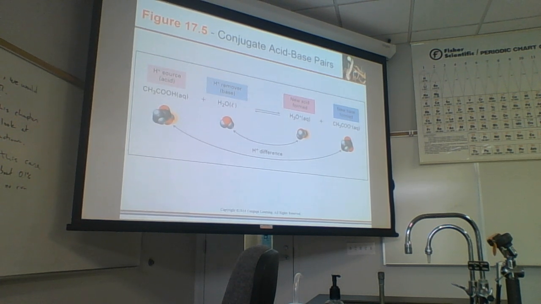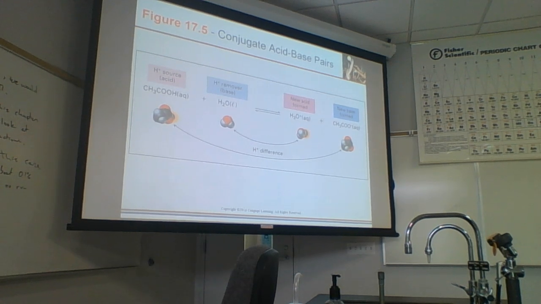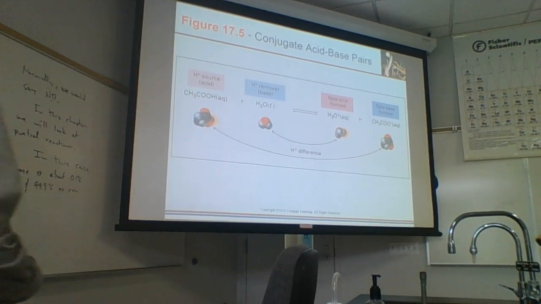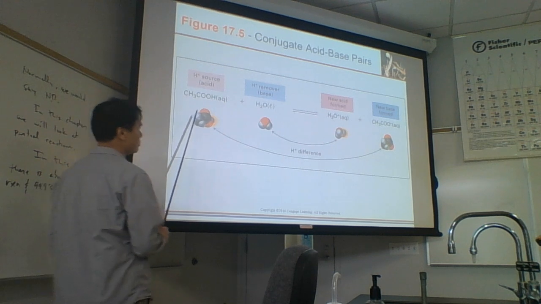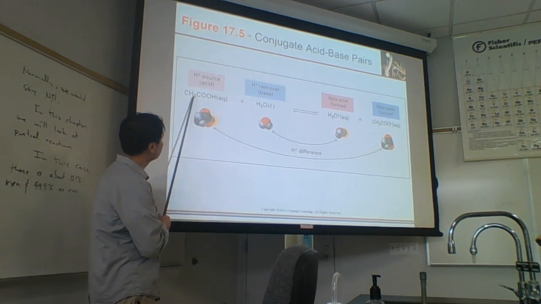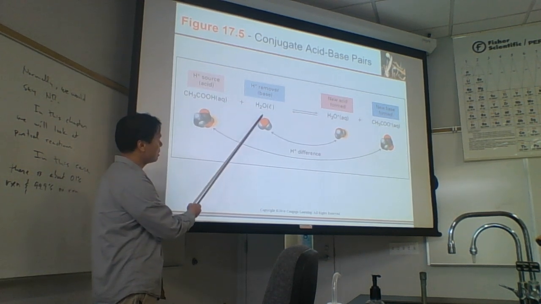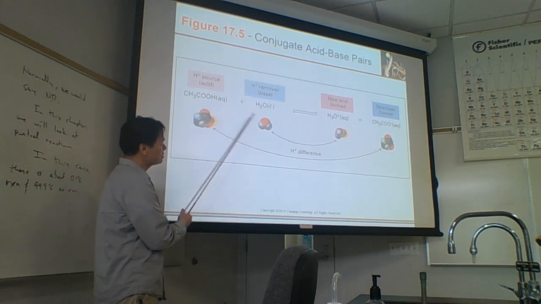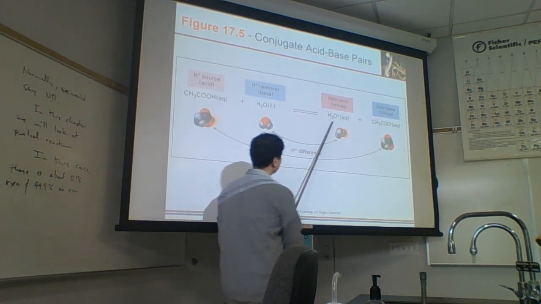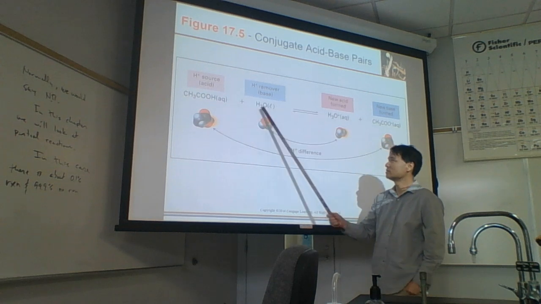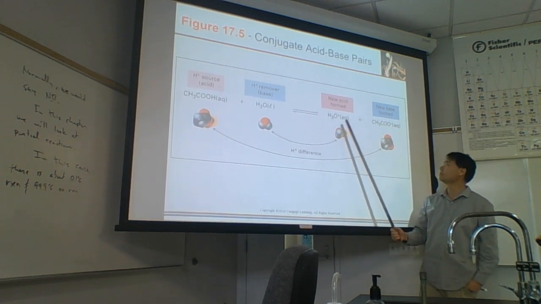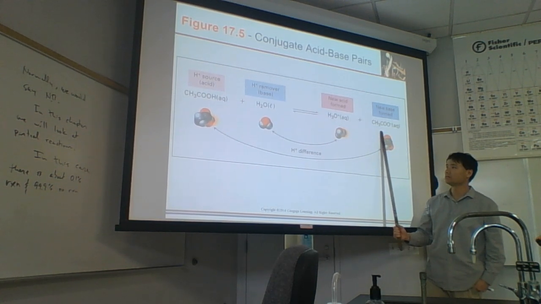Here's an acid and water, and this is also a partial reaction. Is there a driving force for this reaction? If we look at it, this is acetic acid and water. Acetic acid and water forms hydronium. The acid loses the hydrogen, water gains it. So we form hydronium and acetate.